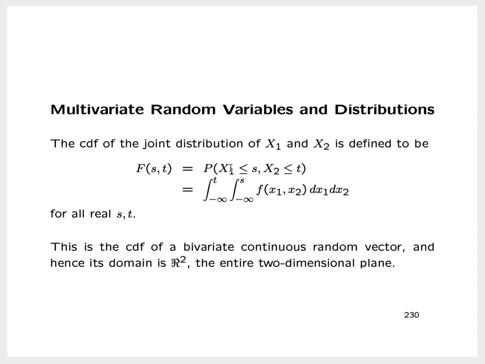So in the case of continuous bivariate random variables, we obtain the value of the CDF by integration. This is the CDF of a bivariate continuous random vector, and hence its domain is R squared, the entire two-dimensional plane. So when we define a CDF for a bivariate continuous random vector, we need to make sure that this joint CDF is defined at every point in the plane.